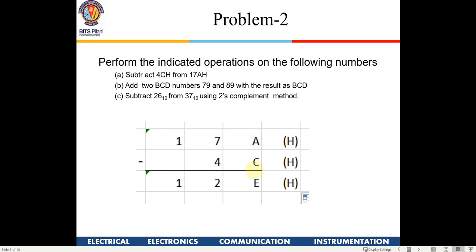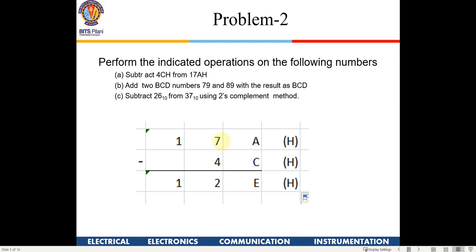A is smaller than C, so we take a borrow from 7. Can anybody say how much borrow would come from 7 to A? Yeah, 16.